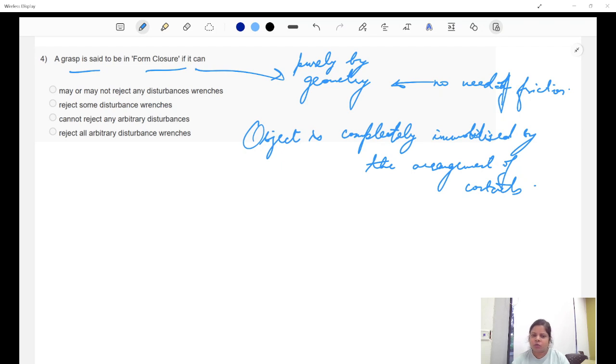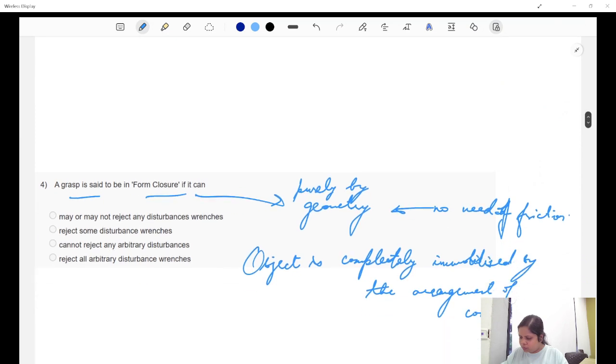Force closure uses contact forces. For form closure, you don't need contact forces. Force closure is used when you want a real world grasp with friction. Form closure is idealized for fixture based gripping, in which you don't have friction and all. So for those cases we use form closure. Form closure alone helps due to geometry, but when friction comes into play you have to check all the forces.